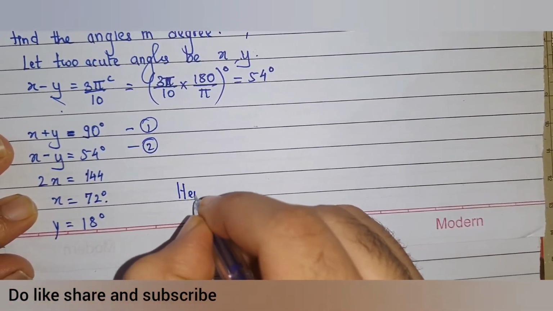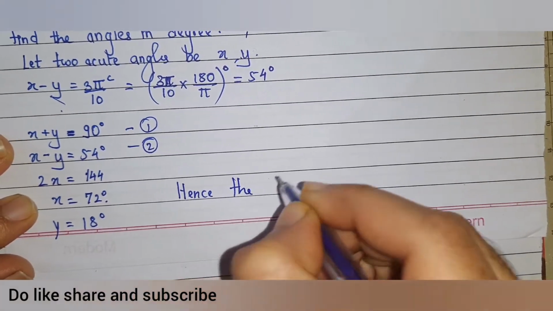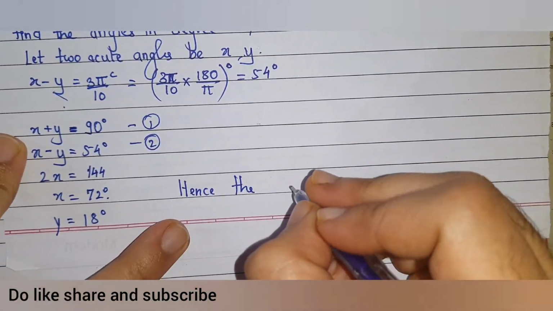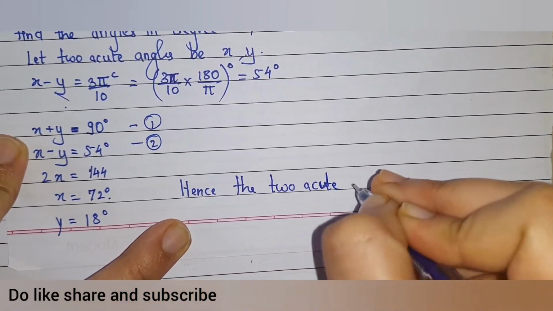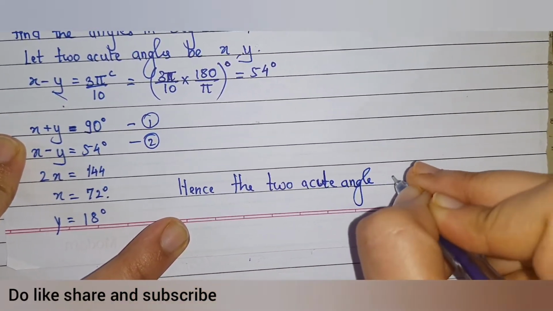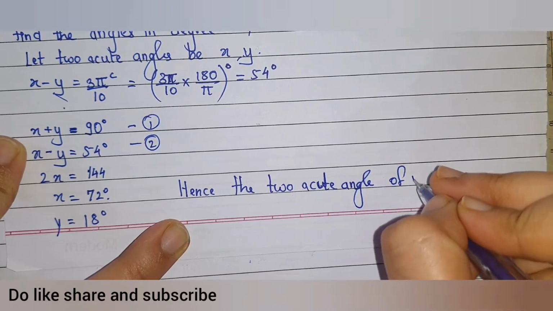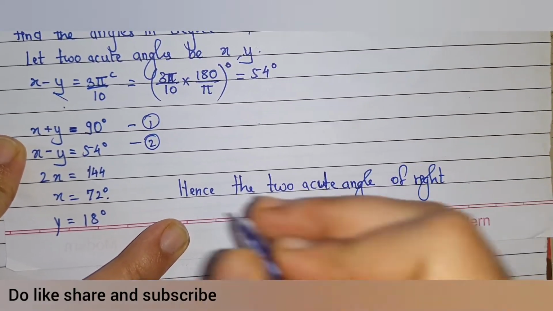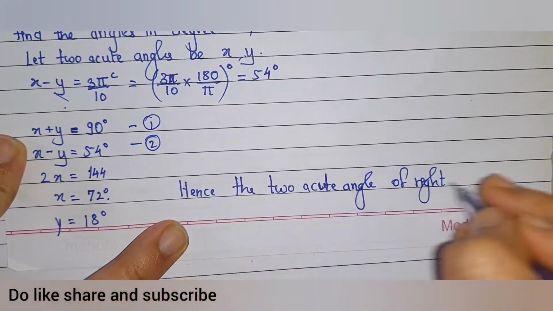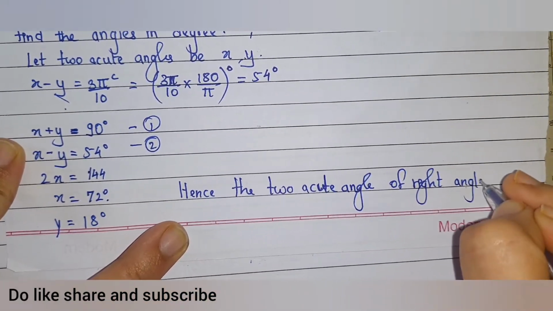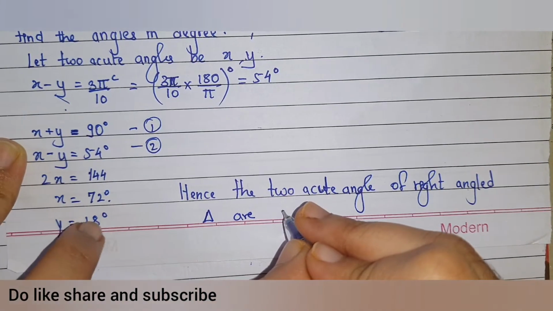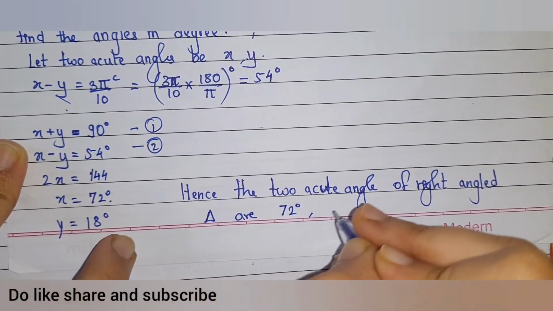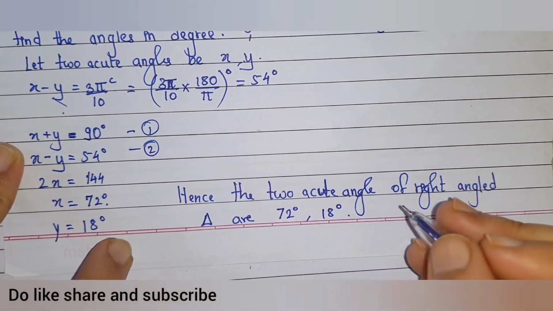Hence the two acute angles of the right angle triangle are 72 degrees, 18 degrees respectively.